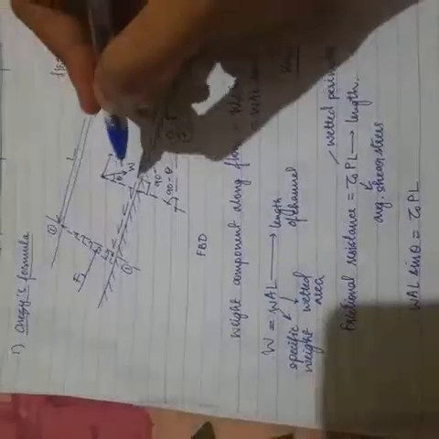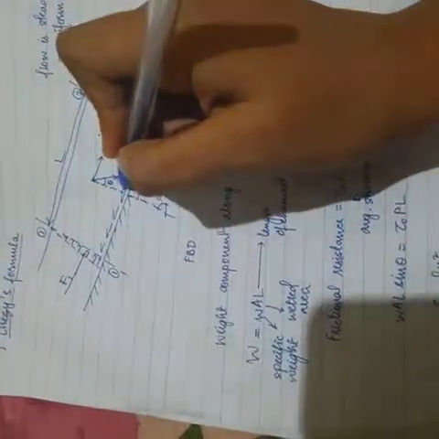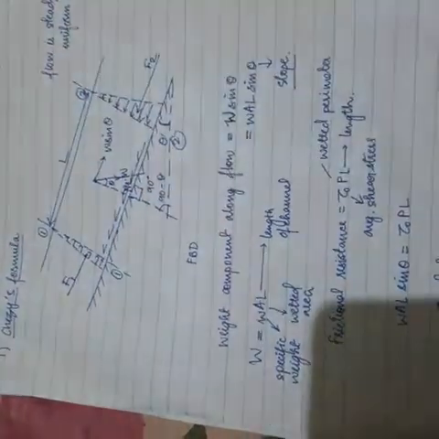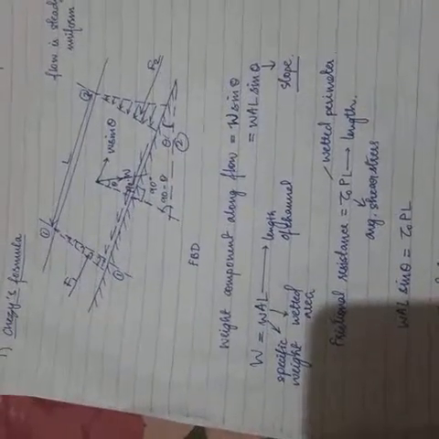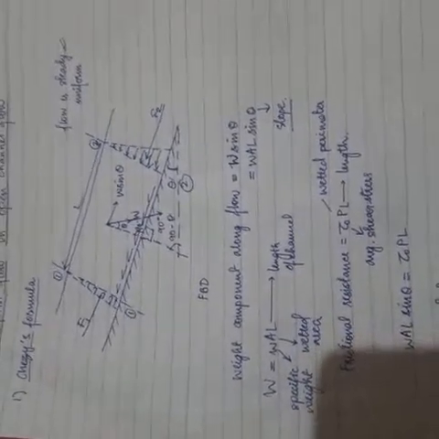So if you extend this line where W is acting, this is 90 degrees, correct? Then this becomes our theta. We have rotated the weight by theta degrees.